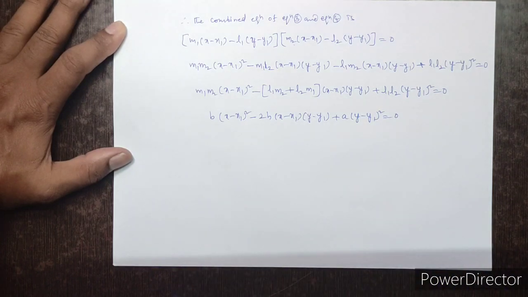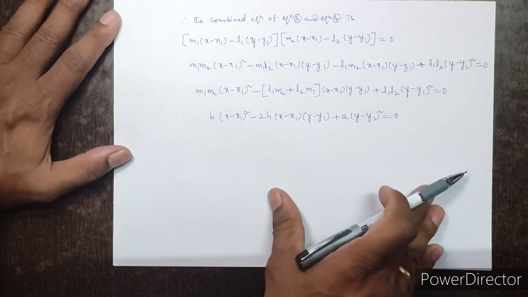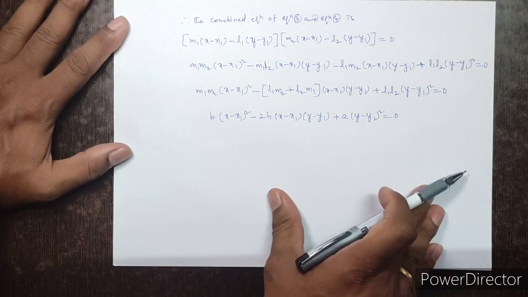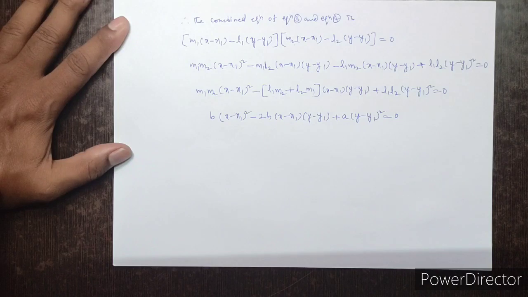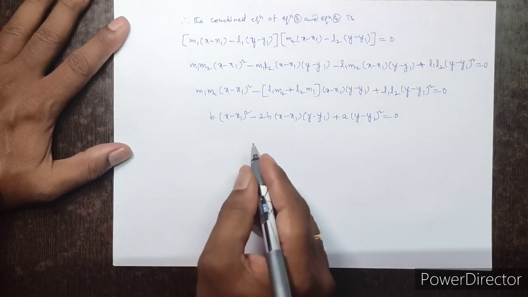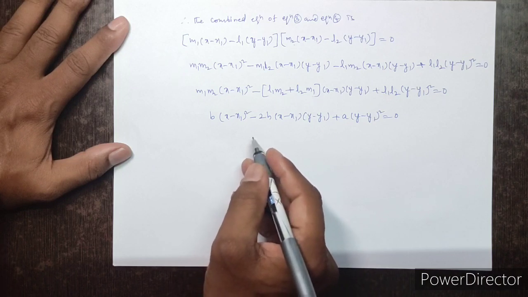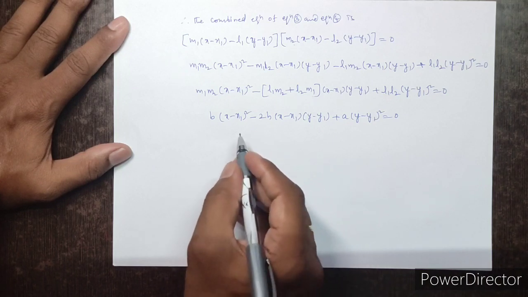This is the required equation, the equation of the perpendicular line to the pair of straight lines ax square plus 2hxy plus by square equal to 0, which is passing through the point x1 comma y1.